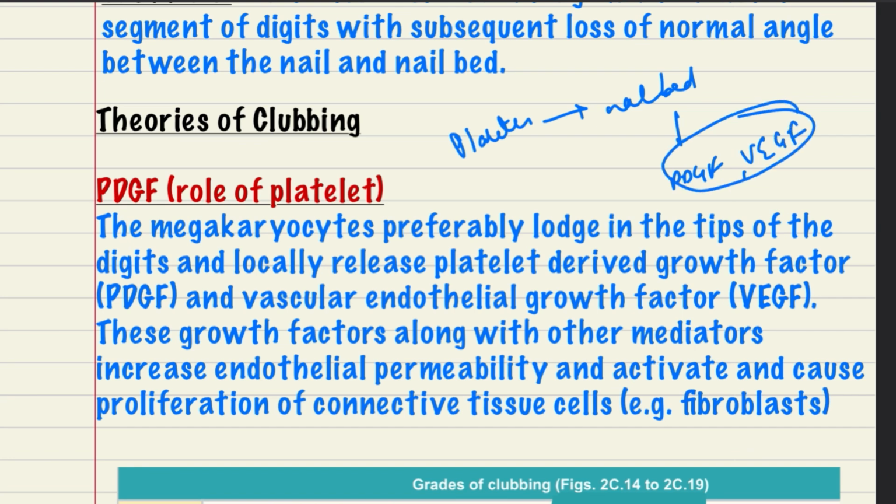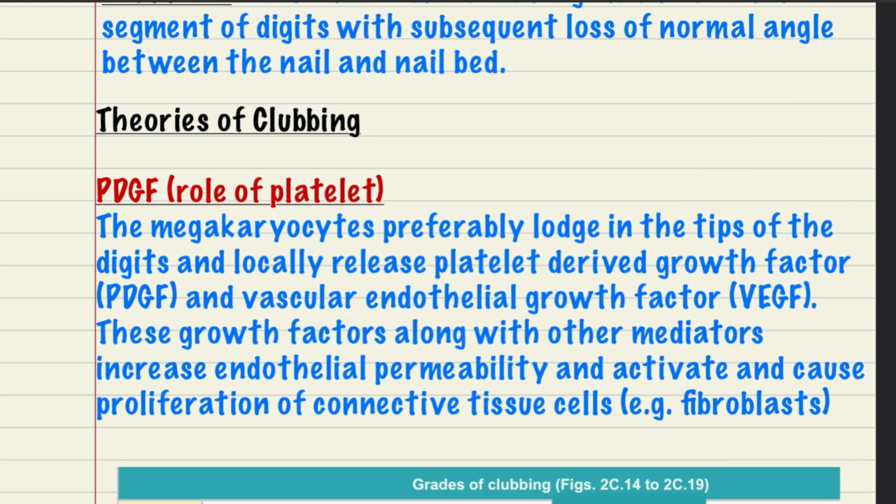These growth factors increase the permeability of the endothelium, which causes the activation of connective tissue cells like fibroblasts, and they release factors which cause the proliferation of these cells. That is why clubbing occurs.